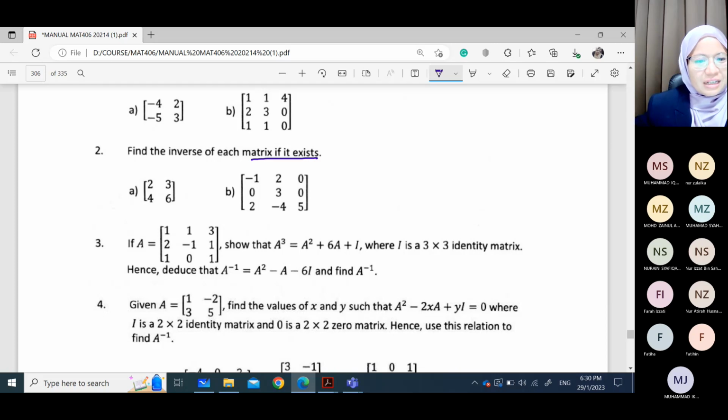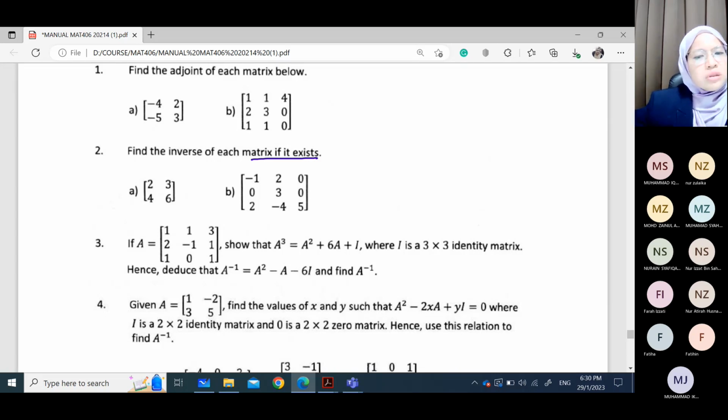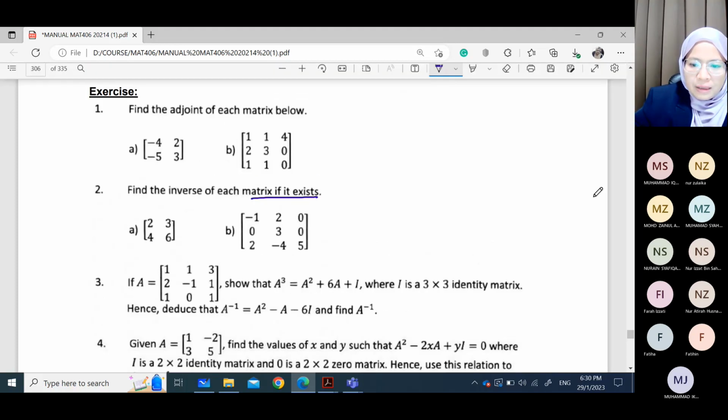Tadi ada note kat atas tadi kan. Makna kata kat sini tak semua matrix invertible, yang boleh diinversekan. Ada yang tak boleh inverse. Ada juga yang itu adalah singular matrix. Okay. Right.